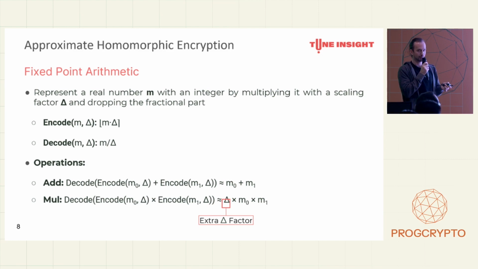You just have to make sure that the scaling factors of the two values match, else you have to match them together. And when you multiply, you also get the multiplication of the two numbers, except your scaling factor is now larger because you have a new scaling factor that is the multiplication of the two scaling factors. We will come back to this later because this is an important part of the scheme.